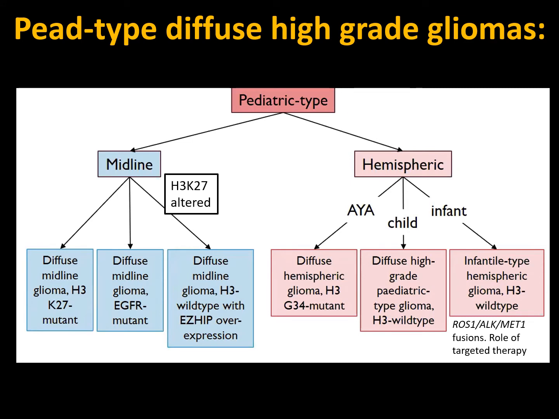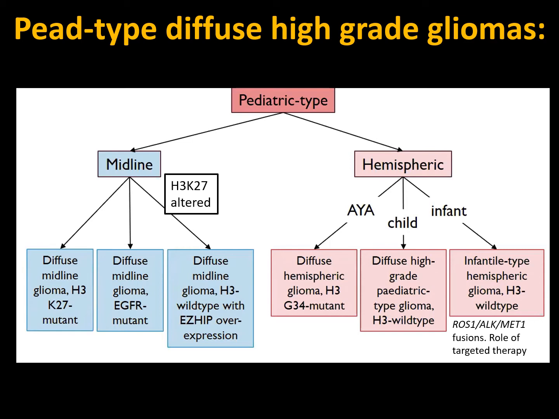Now coming to hemispheric gliomas, those which are found in adolescents and young adults may show H3G34 mutations. Those found in children are typically H3 wild type, and the infantile type of hemispheric gliomas are also H3 wild type.